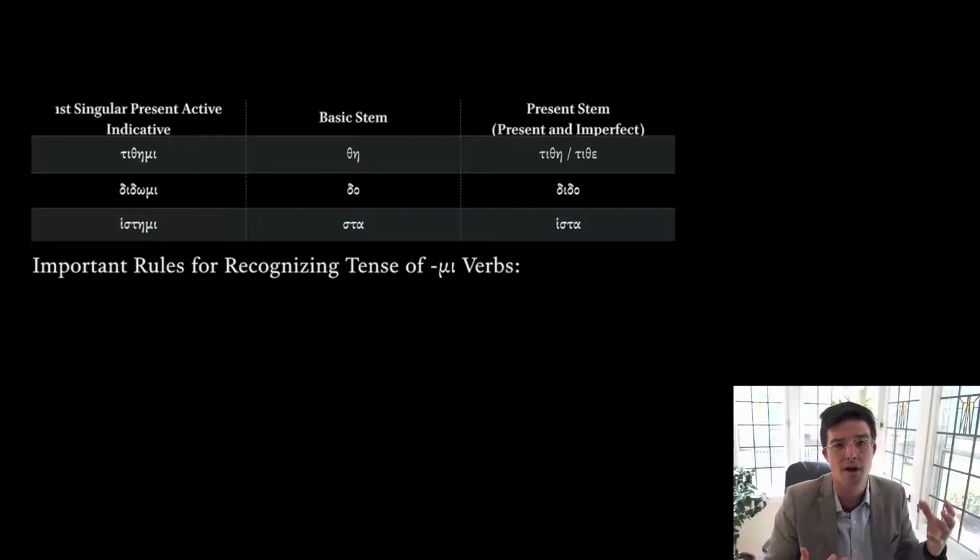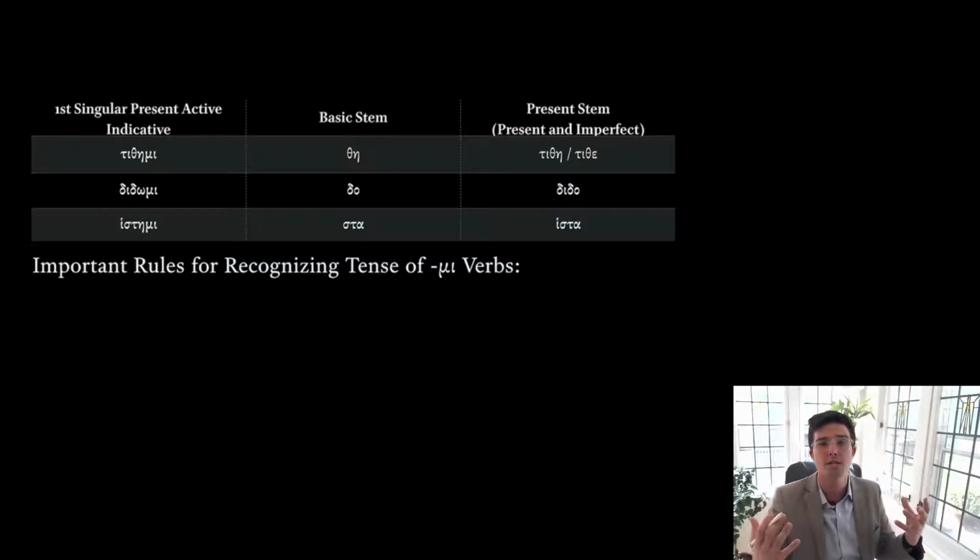We're going to look a little bit at the formation of mi verbs, and the big takeaway here is that mi verbs form their different tenses in ways that are different from the omega conjugation. So not only are they going to use different endings in some tenses and voices, but they're also going to have particular ways of forming the different tenses.